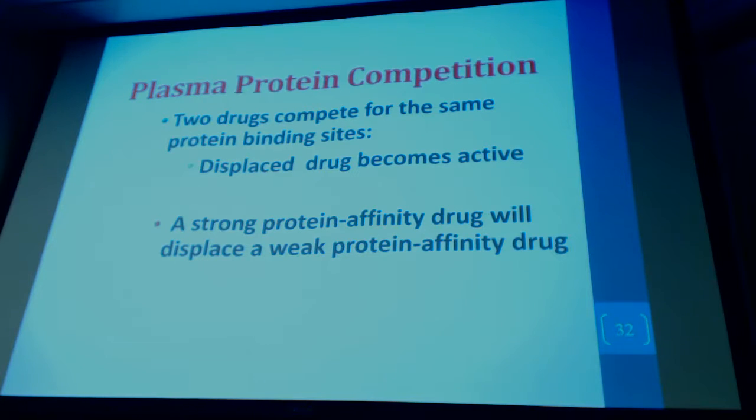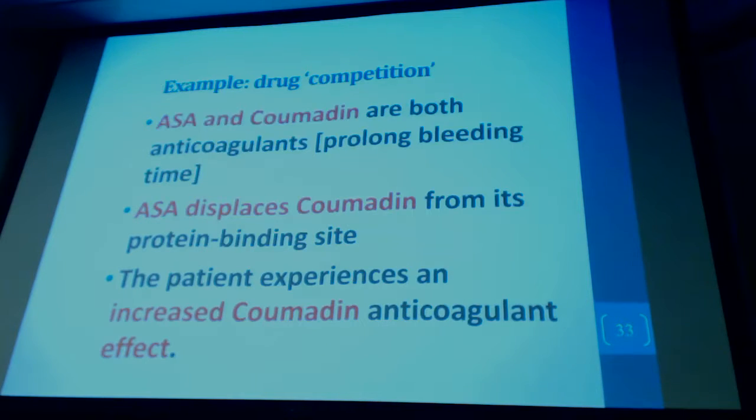I'm going to give you an example in a second. Aspirin and Coumadin or warfarin are both anticoagulants, but they act in different ways. Aspirin has a stronger affinity. It kicks Coumadin off, so there's more Coumadin now floating in the bloodstream. Now the patient may have too much Coumadin in their bloodstream.